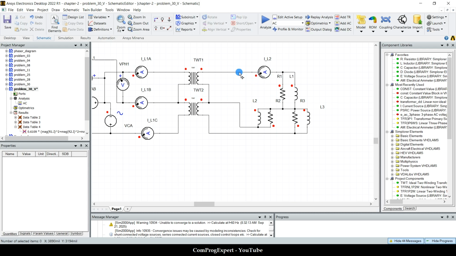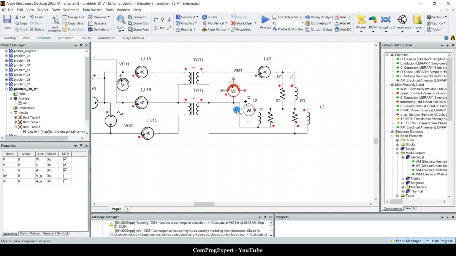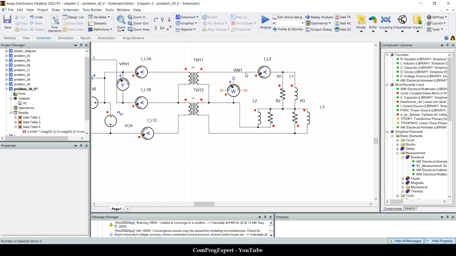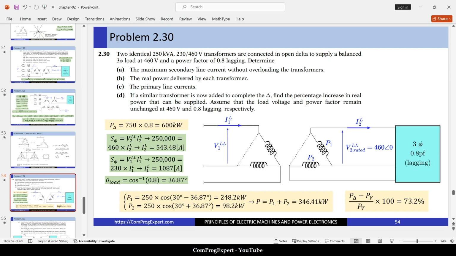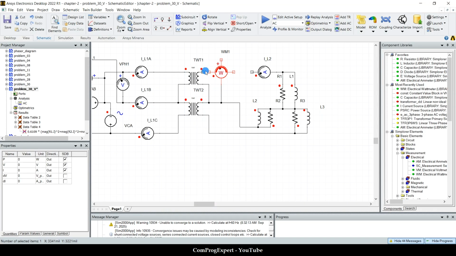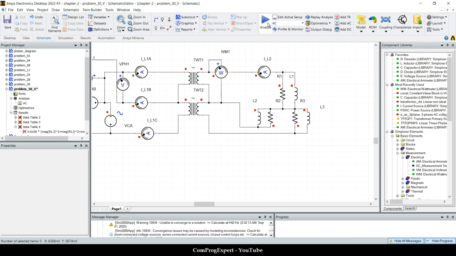Here I deleted the measurement tools, and I want to add this watt meter just to check. Here is the power delivered by this transformer, P1. So we need its voltage and its current. This is its current and this is the voltage.